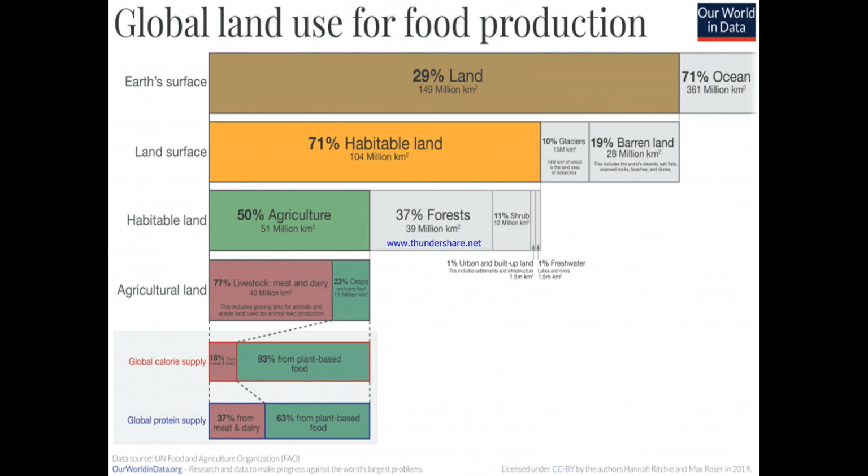Agricultural land, 77% is used for livestock, meat and dairy, that is 40 million square kilometers. Then you have global calorie supply, 83% from plant-based food is supplied to the world. Then global protein supply, 37% from meat and dairy, 63% from plant-based food. So plants are very important.